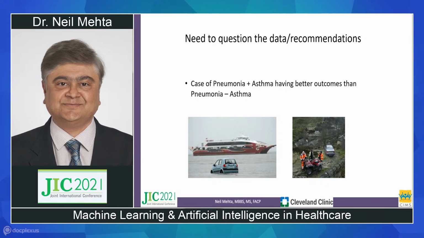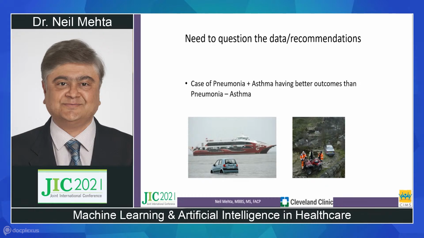Same way in medicine, here is a great example of a study where a machine learning algorithm said that patients with pneumonia and asthma had better outcomes than patients who had pneumonia but did not have asthma. And after parsing through all the data, it turned out that the study was done in a hospital where the protocol was that if a patient with asthma was presenting with pneumonia, they automatically got admitted to the intensive care unit.